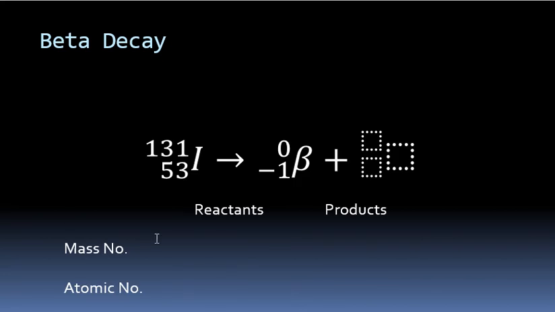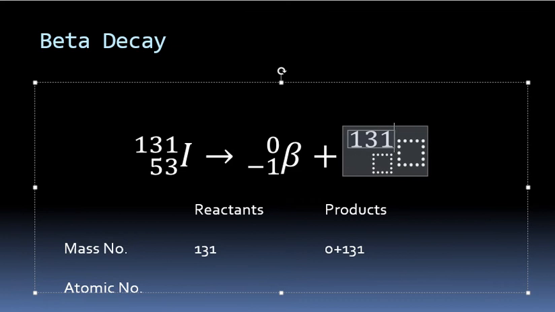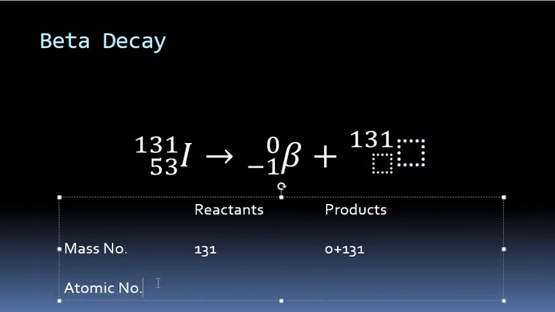An example of beta decay would be that of iodine 131. In this case, our mass number on the left side adds up to 131. And on the right side, our beta particle has a mass number of 0. Therefore, what plus 0 equals 131? Well, 131. And the atomic number on the left side of the equation is going to be 53.